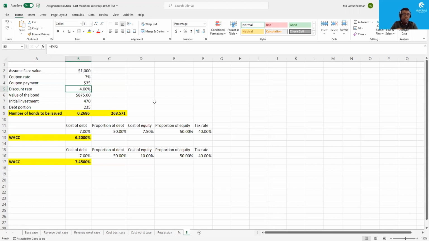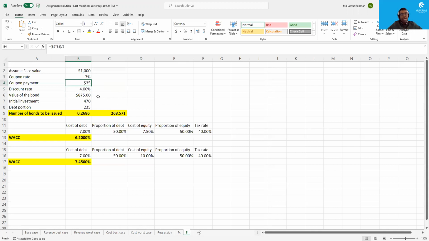Then when you calculate value of the bond, some of you also made a mistake: you used the normal bond valuation model, present value of interest plus present value of principal. So probably you ignored the information that it was mentioned it is a perpetual cash flow. So it is a perpetual bond. Perpetual bond means it will generate a perpetual cash flow. So no principal, no maturity, which means that this coupon payment $35 is your perpetual cash flow.